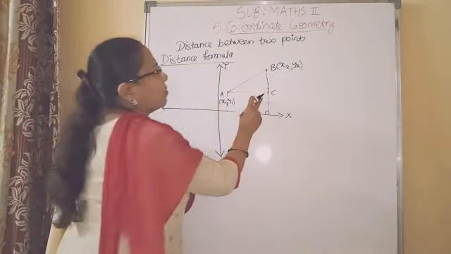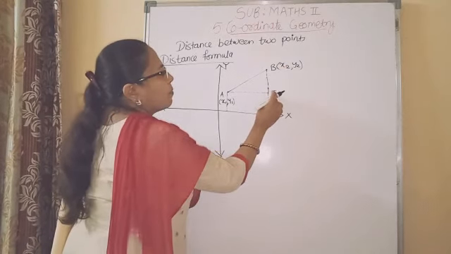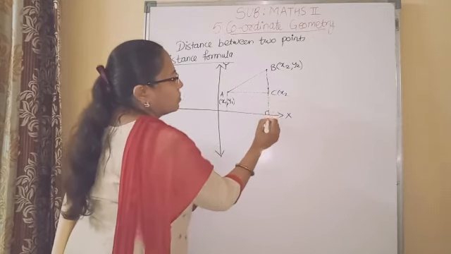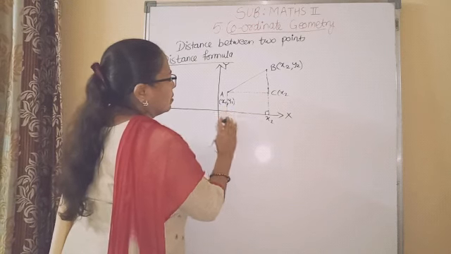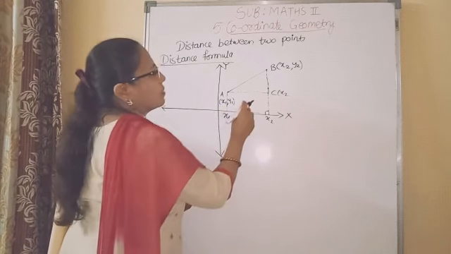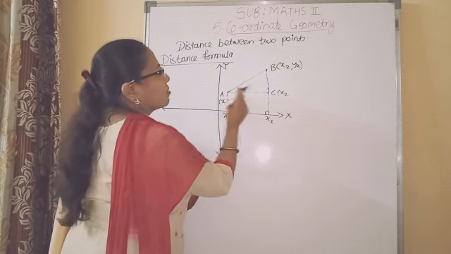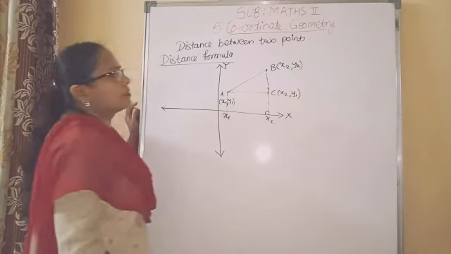Now the x coordinate of point B is x2. Therefore the x coordinate of point C is also x2. Here x2 and here x1. Then the y coordinate of this point is y1, so the y coordinate of point C is also y1.